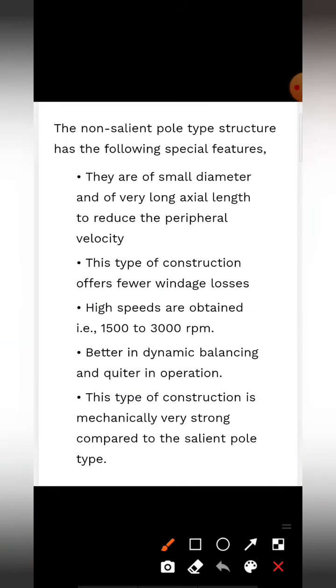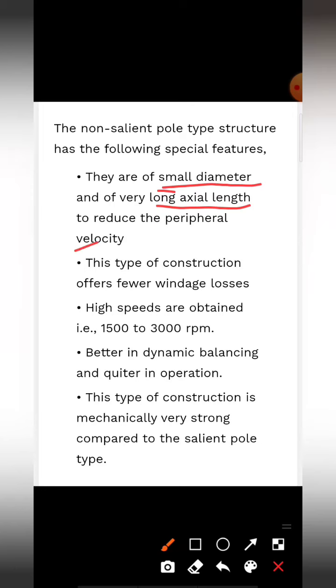The non-salient pole type structure has the following special features. It has a small diameter and a very long axial length to reduce the peripheral velocity.